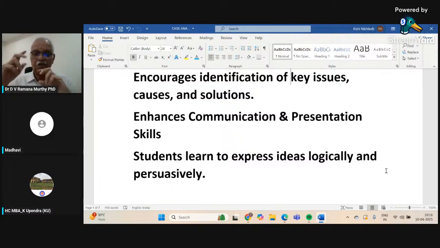You would be writing in simple, nice English. That's a presentation skill. It also enhances communication, because you articulate your ideas before others.